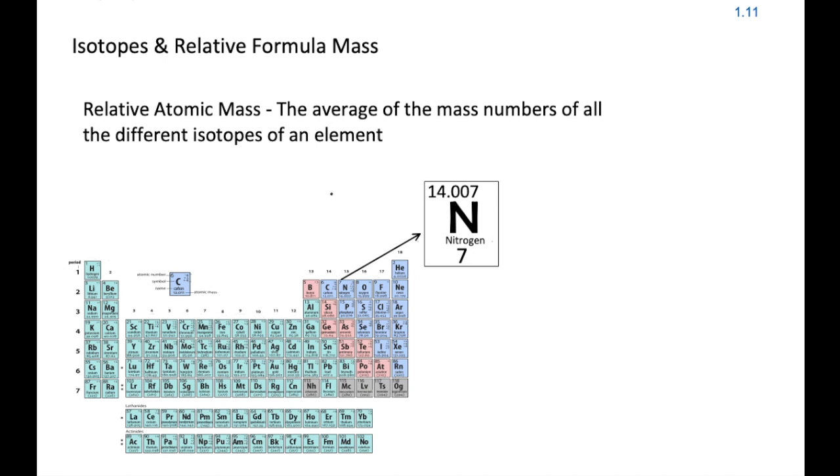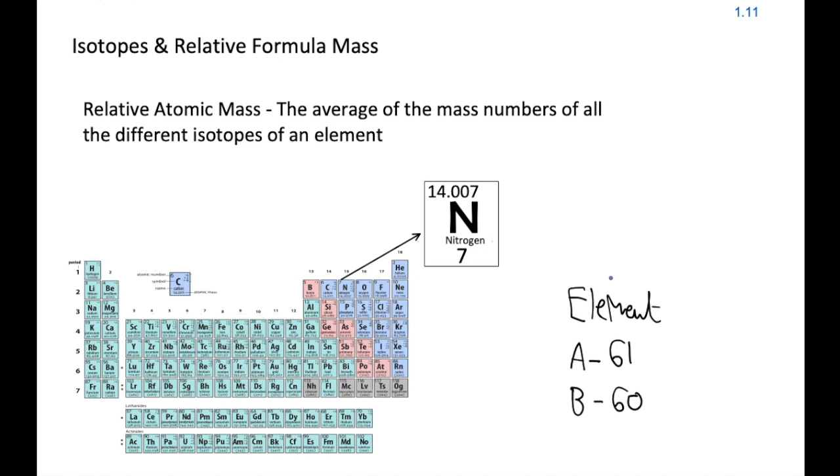So when finding the average mass number, we need to find out how much of each isotope exists. For example, a simple way to understand this would be, let's say we have an element which has two different isotopes, isotope A and isotope B. Isotope A has a mass number of 61, isotope B of 60.